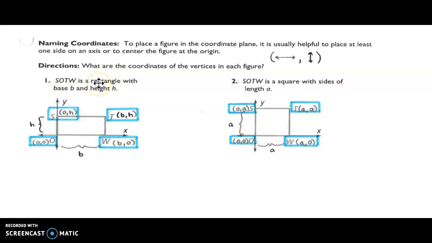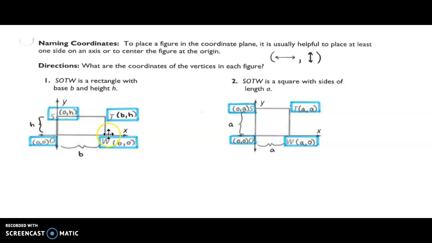And this is why you got to know the properties of all of the different shapes. If O is at 0, 0, and if S is 0, h, that means the height is h, because it's 0, h. And the y value, the second number, represents the height.